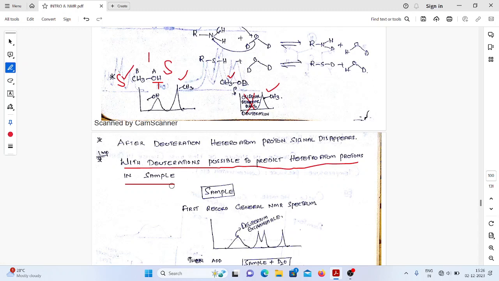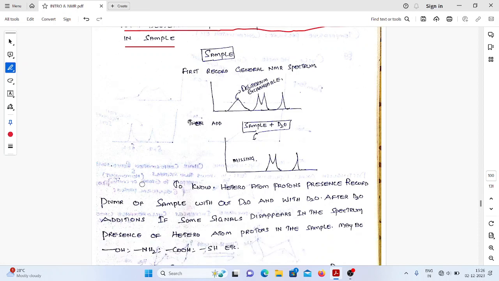If any one signal disappears in the spectra, it confirms that your unknown sample contains some heteroatom proton. That is the usefulness of deuteration. See this one. First record the general NMR spectrum.